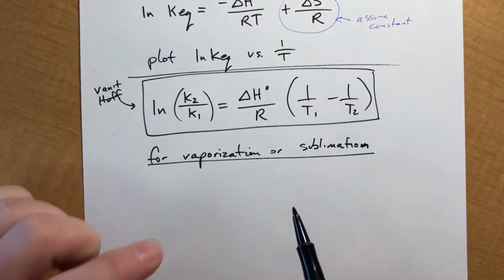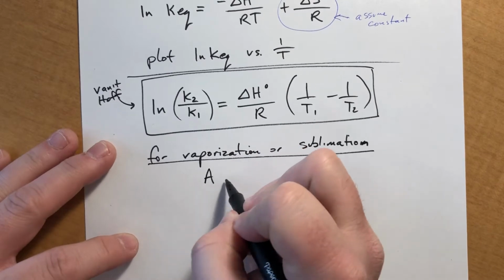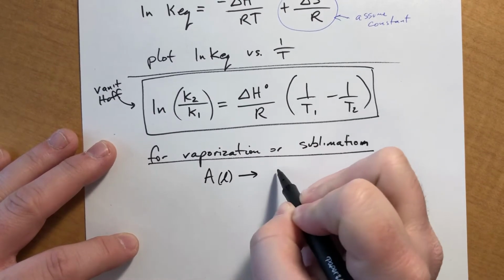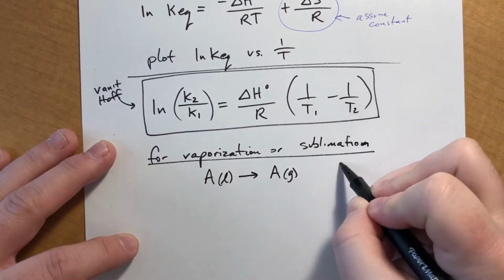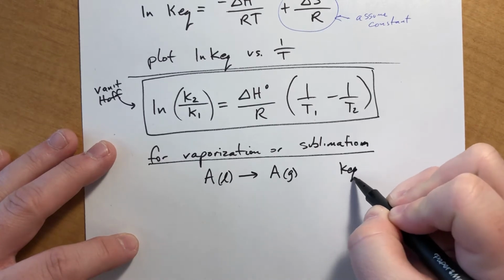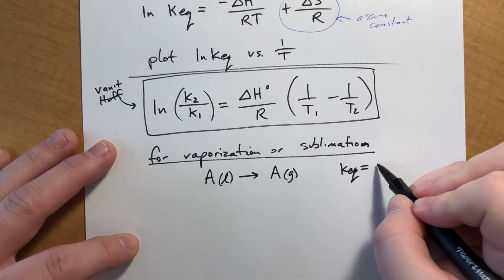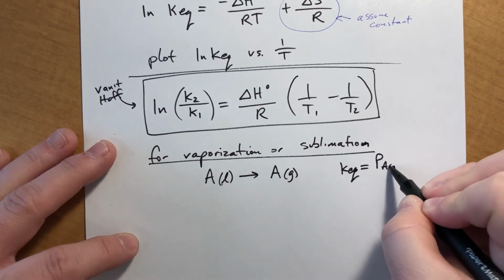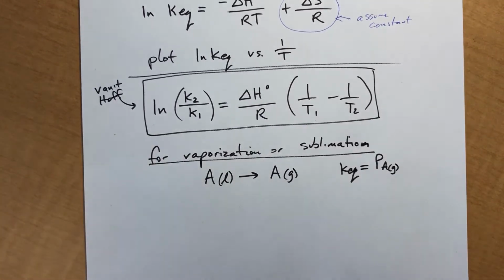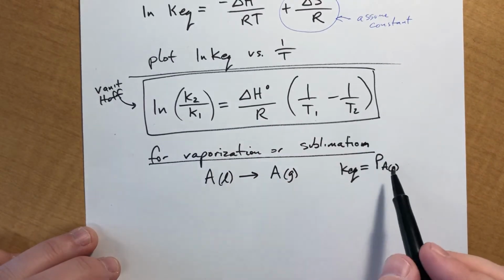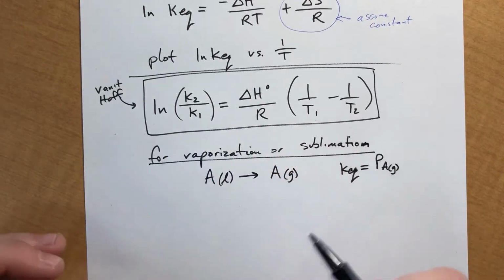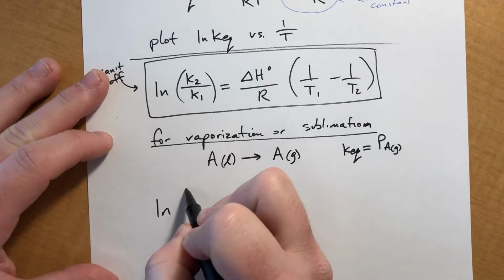If you have a balanced equation, for example compound A going from a liquid to a gas, the equilibrium constant for this would be, this is a liquid, you can ignore it, basically just equal to the pressure of A, just the product. So in other words, we can substitute in pressures for equilibrium constants, and we get this equation.